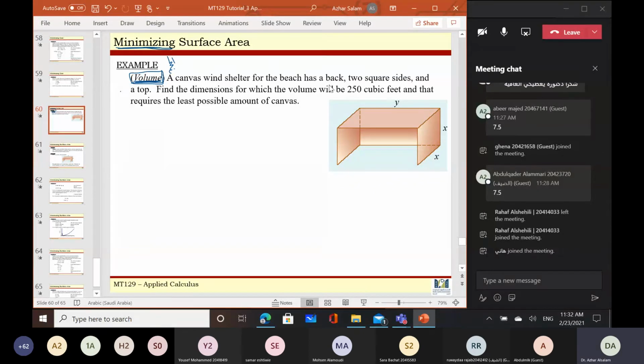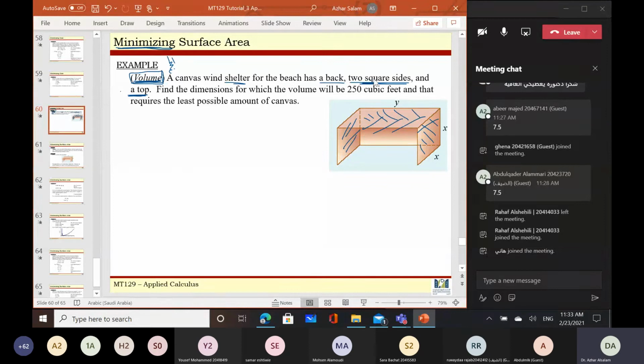Notice here the dimensions that are given: a back, which is this, 2 square sides, which is this one and this one, and a top. This is the only dimension for the shelter. This is the top. So I have here a shelter with these dimensions, only the back side, the top, and the two sides.